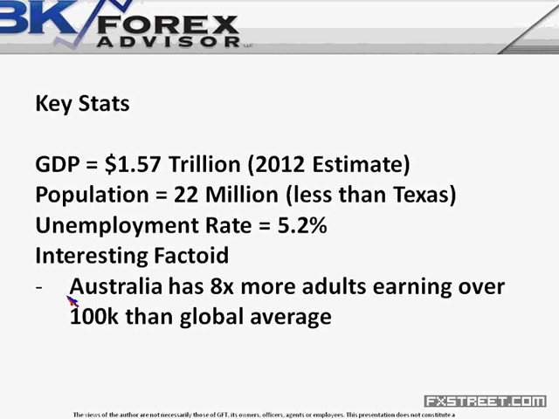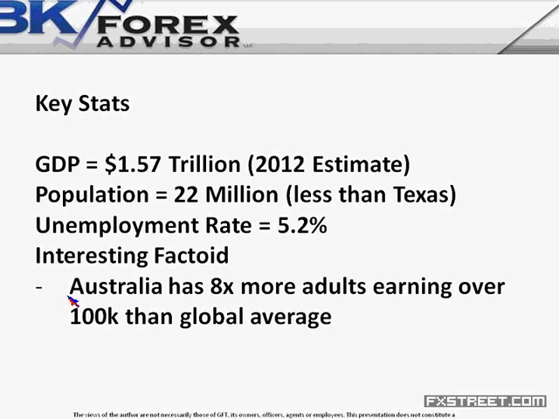So the Australian economy is only about a tenth of the size of the U.S. economy. Population-wise, there's about 22 million people that live in Australia, which is fewer people than the population in Texas. So Texas has a larger population than Australia.